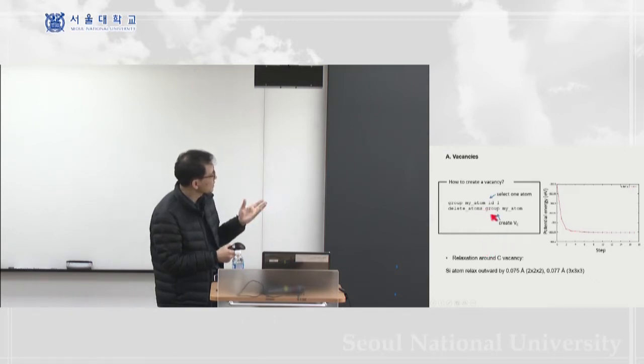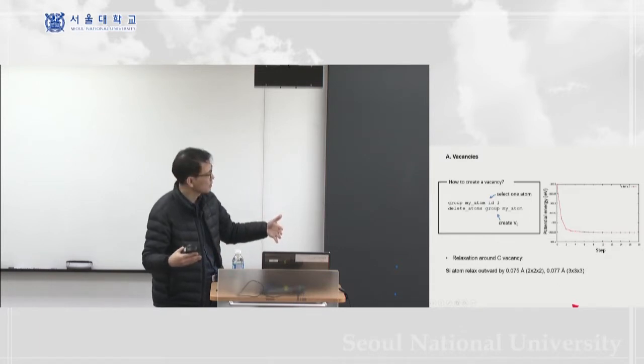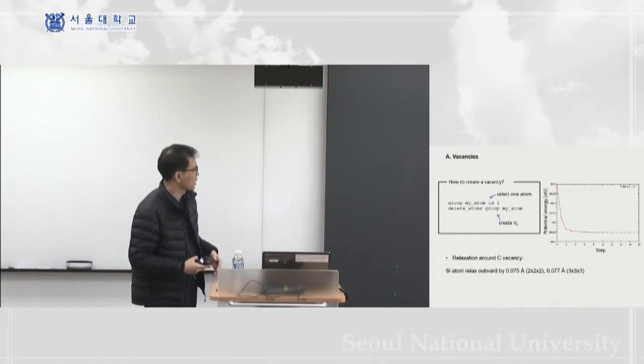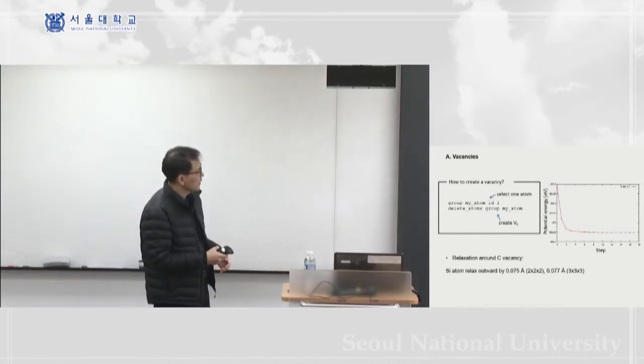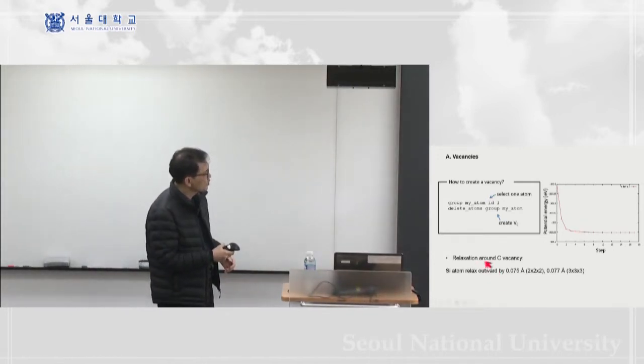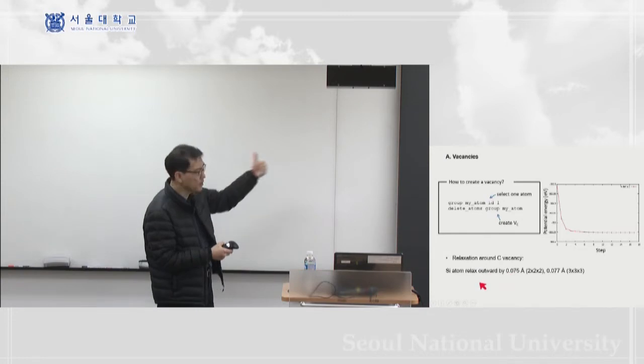And then you relax the atoms using one of the relaxation methods that we have learned in the last class, and you can see that the potential energy decreases, which means that the atoms are actually relaxed to minimize the potential energy. For instance, if you remove the carbon atom in silicon carbide, then the neighboring silicon atoms relax outward, away from the original site by maybe less than 0.1 angstrom.